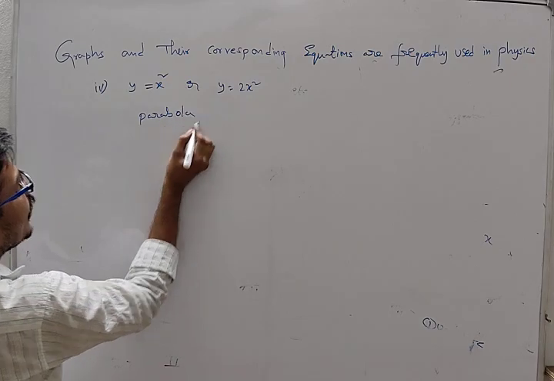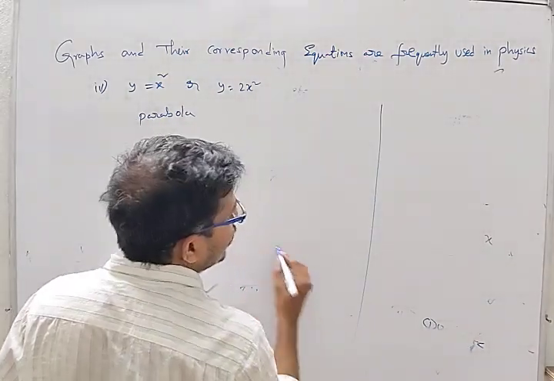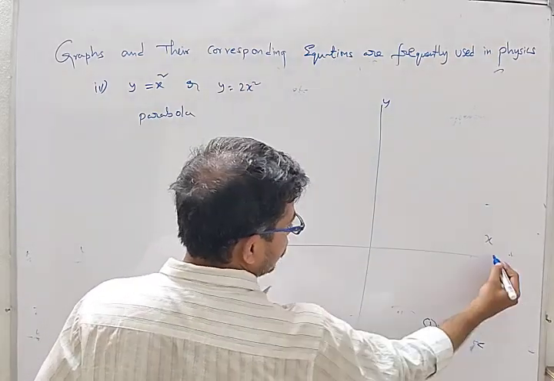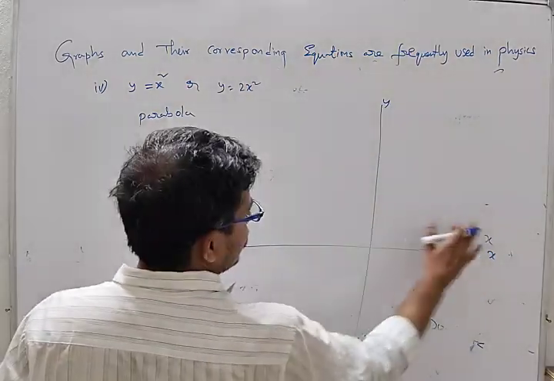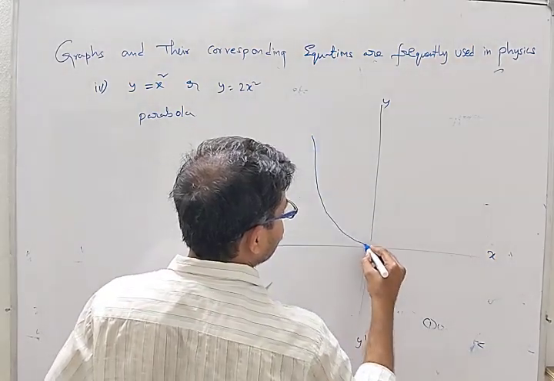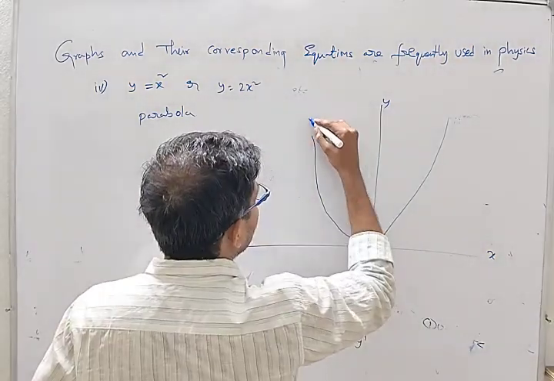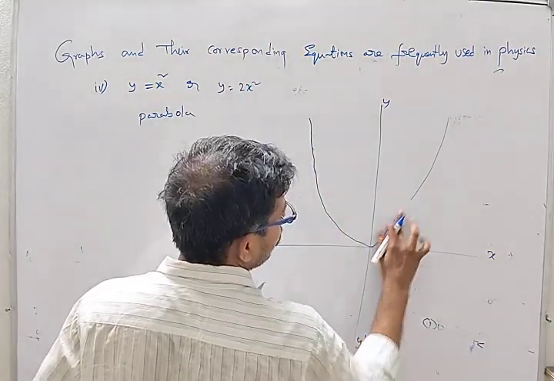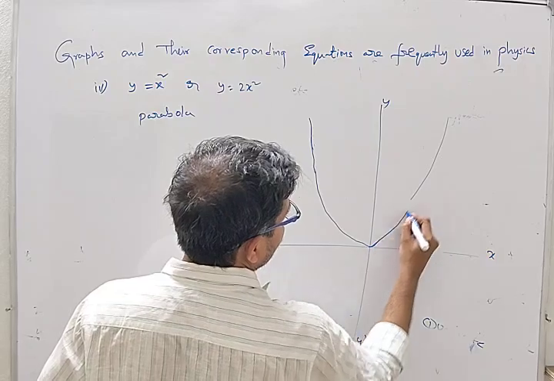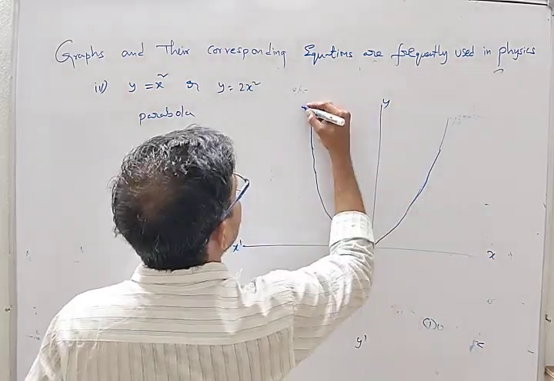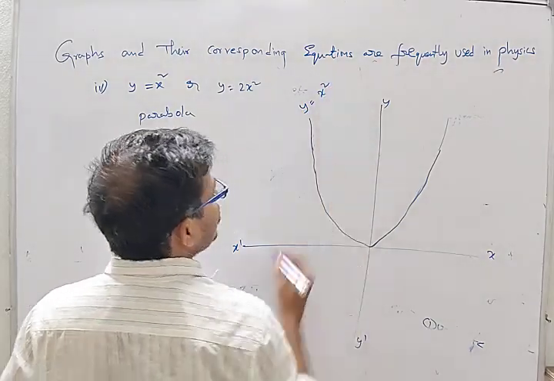Okay, parabola. In this case, the graph should be like this, with y dash and x dash. This is nothing but y is equal to x square.